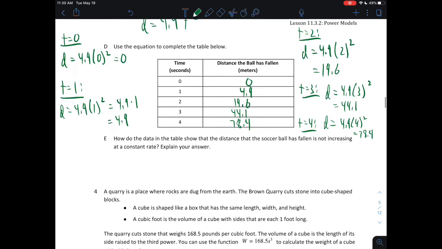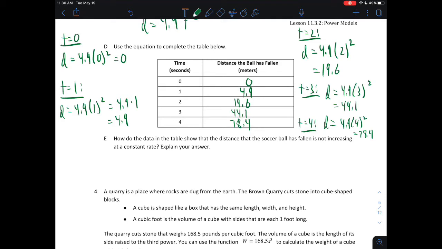All right, so now part E. How do the data in the table show that the distance that the soccer ball has fallen is not increasing at a constant rate? We saw questions sort of like this in the previous section. If it was falling at a constant rate, you should see that as time increases by 1 second, the distance increases by the same amount.